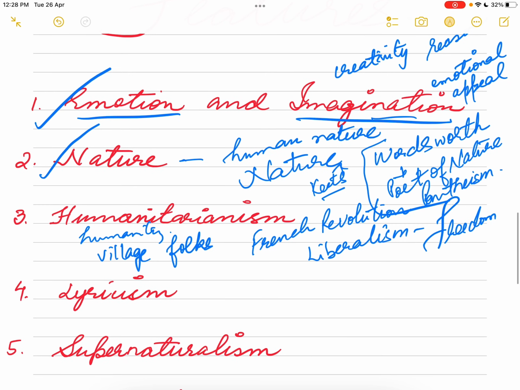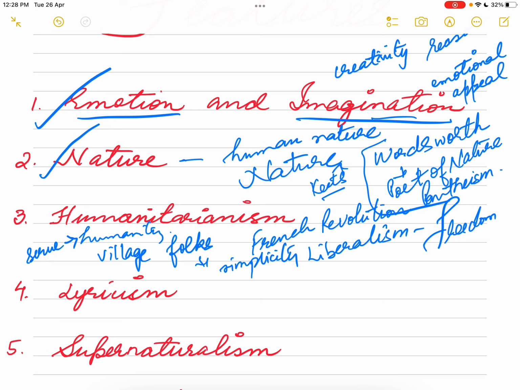and especially he wrote about the village folks, people who lived in the villages. Why? What was the reason? Their simplicity. Coleridge also shows love for humanity in his Reflections on Having Left a Place of Retirement, and he also showed an inclination to serve humanity.